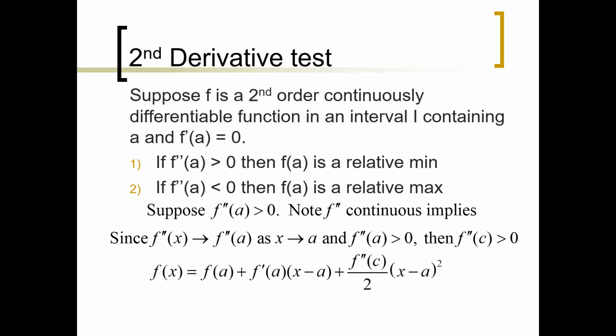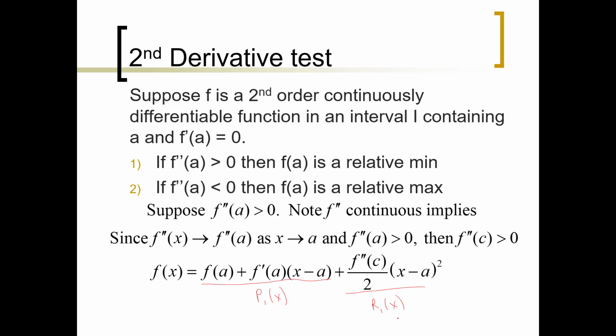So, by using Taylor's theorem with remainder, for x really near a, f of x has to equal the Taylor polynomial of first degree. That's this guy right here. That's the polynomial. And then you have over here the remainder term.